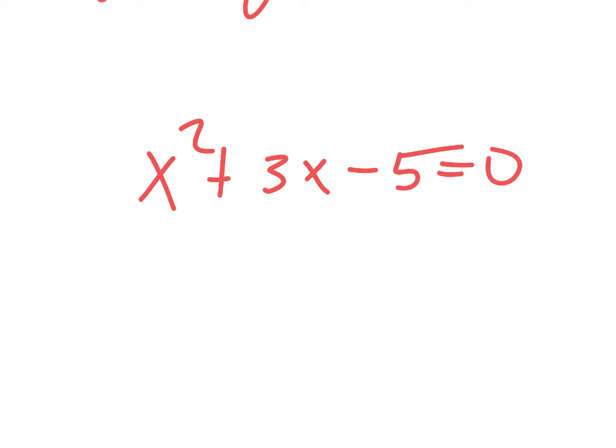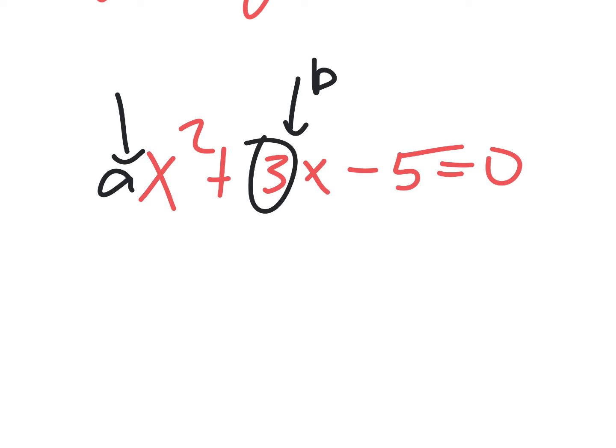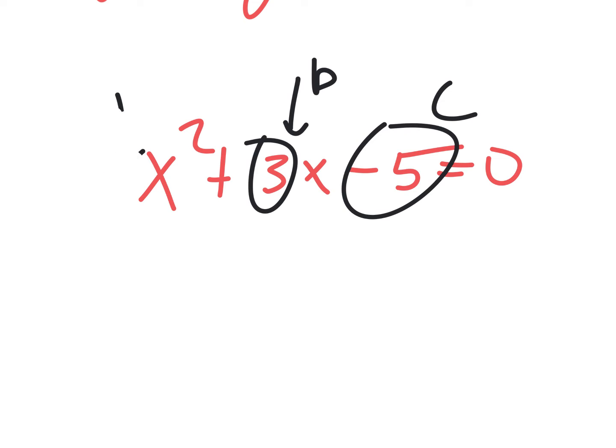You remember that a, b, and c are really a, b, and c, where a, if there's nothing there, there's actually a 1 there. That's a, b, and c in a quadratic.